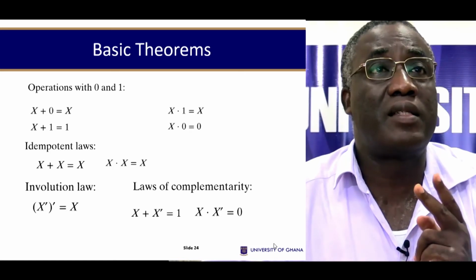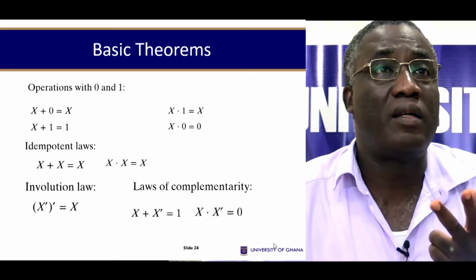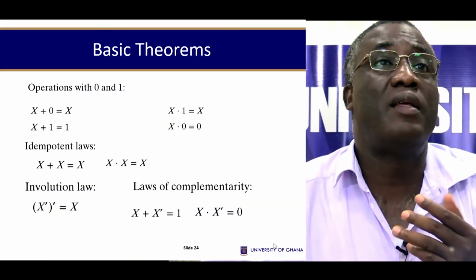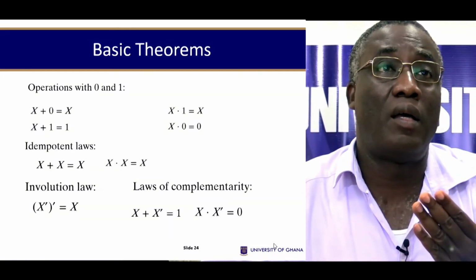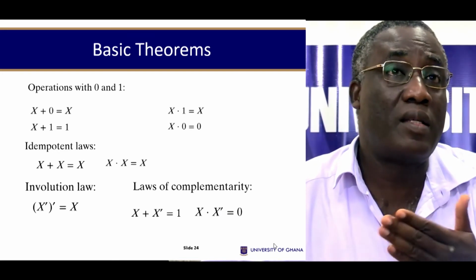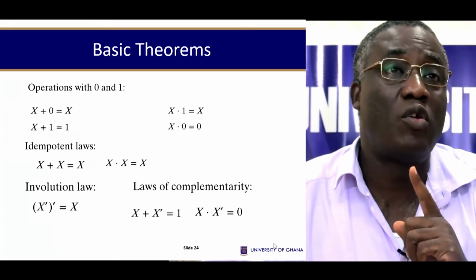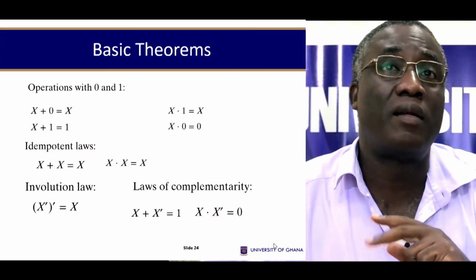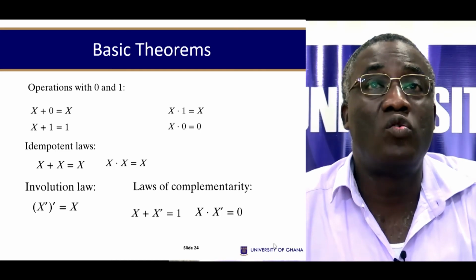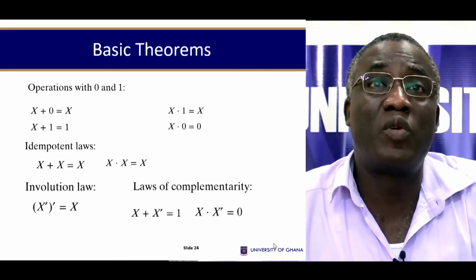So if you add 0 to any number, it should become that number, which is the identity element. And if you add 1 to any number, then the answer should be 1, because you can only have 0 or 1. And if you multiply by 1, you get the same number, or if you multiply by 0, then it will be 0.